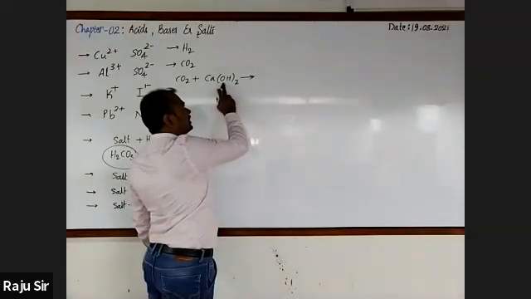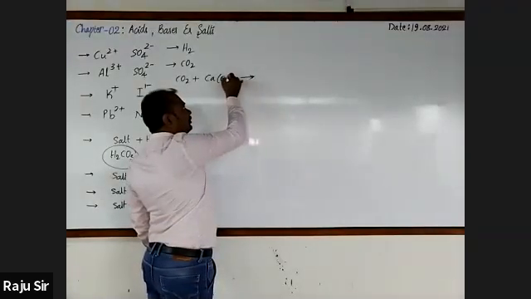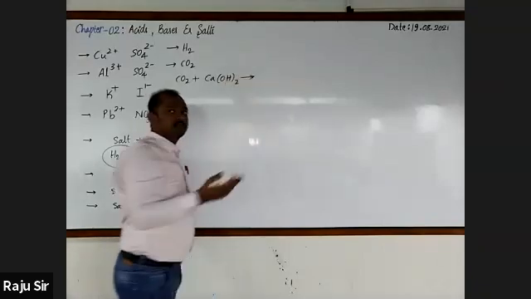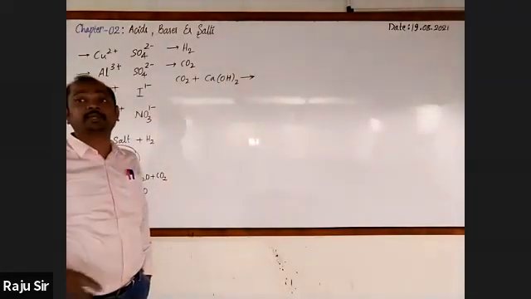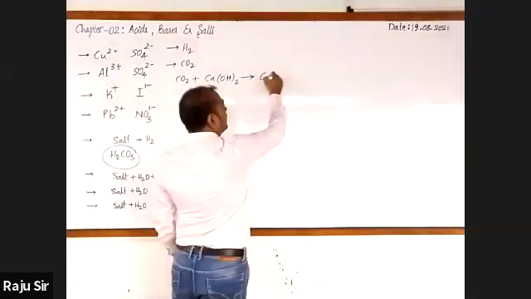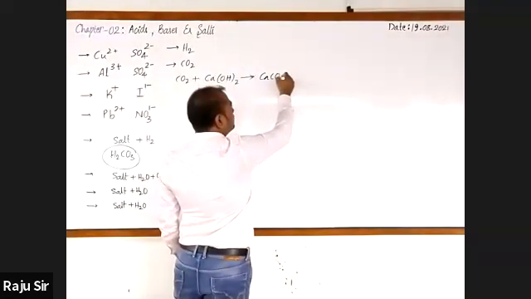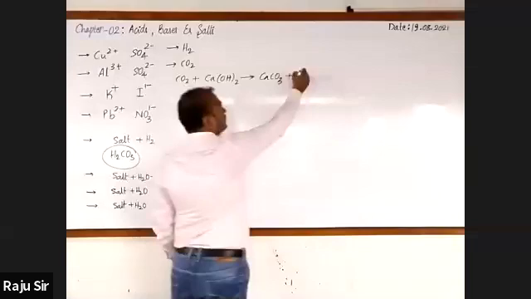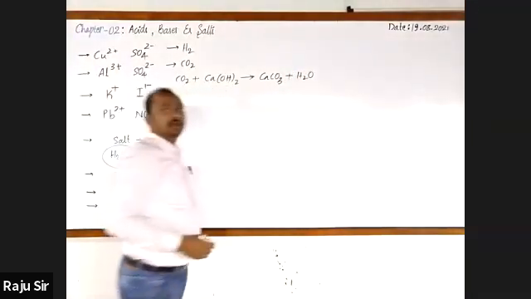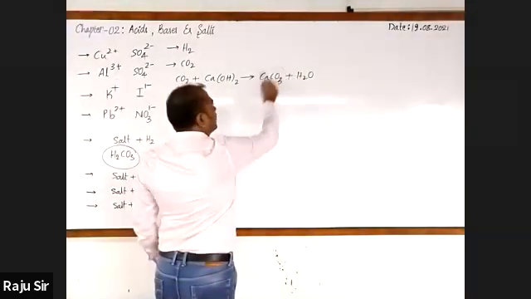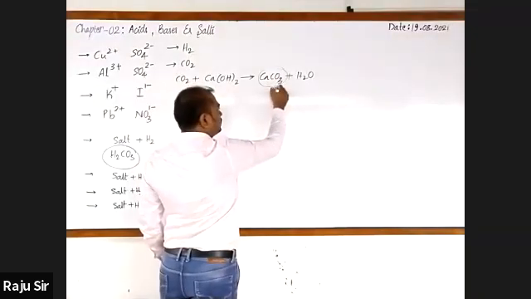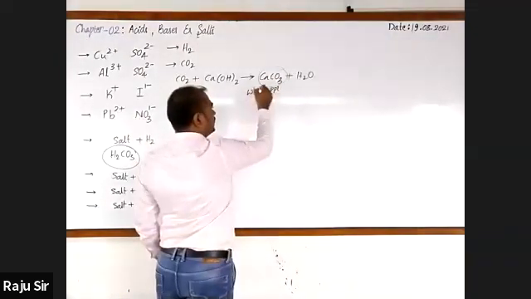It turns white due to the formation of the precipitate calcium carbonate, CaCO3, plus water. What is its color? White.